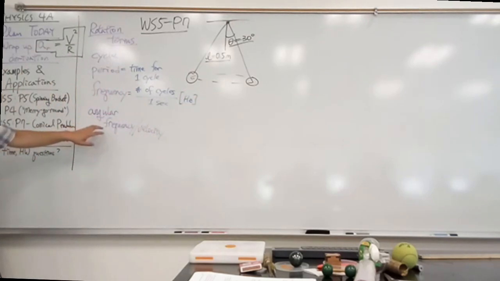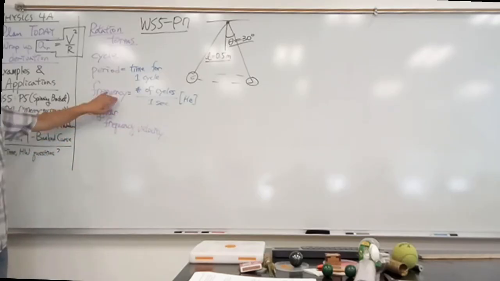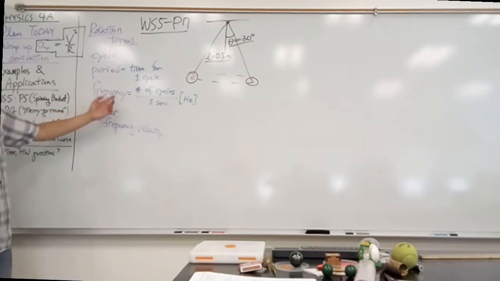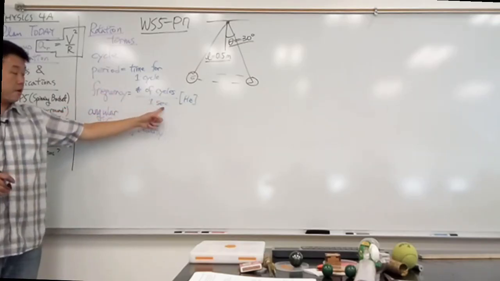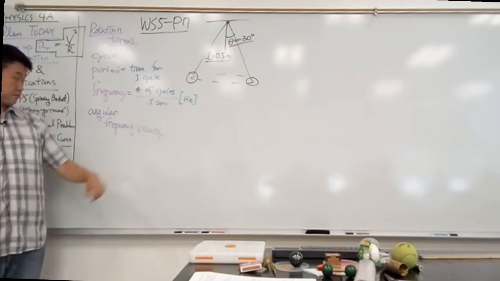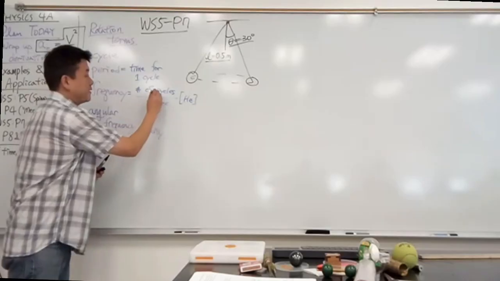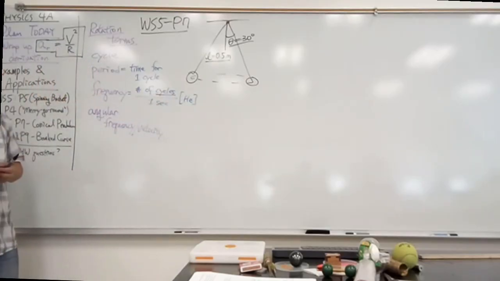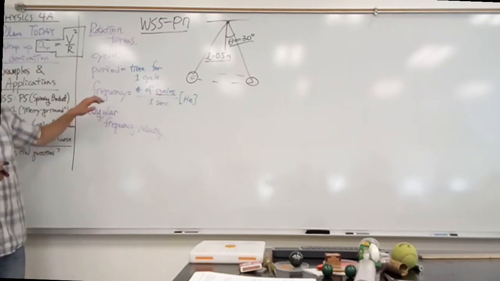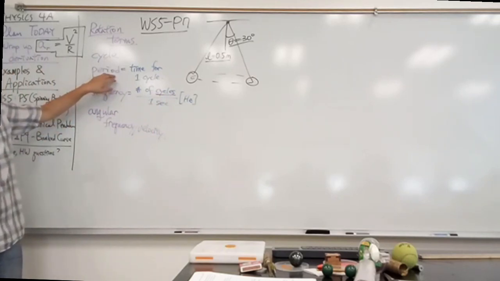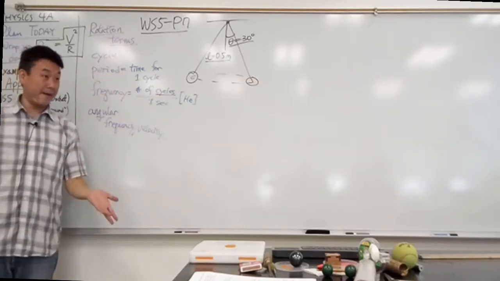Now, I think it's easier to define angular frequency. When you look at frequency, the unit of frequency is a number of cycles per time, right? It turns out for mathematical reasons, often if you're using frequency or period in your formulas, you will end up writing down 2 pi.